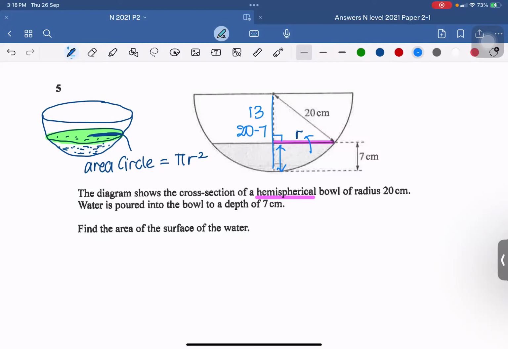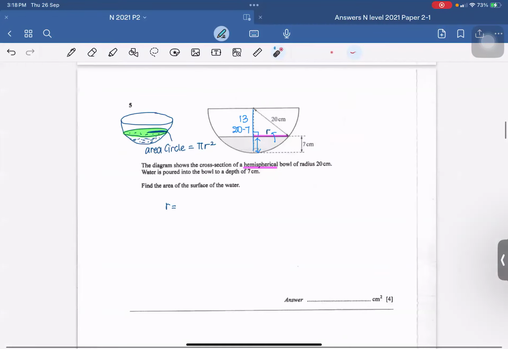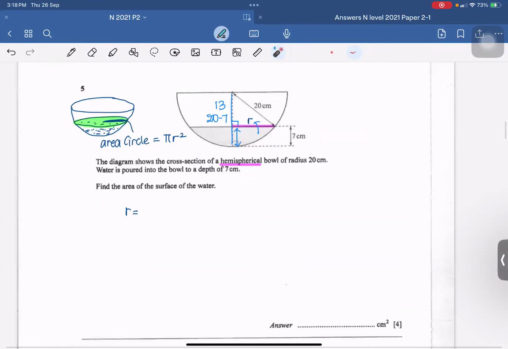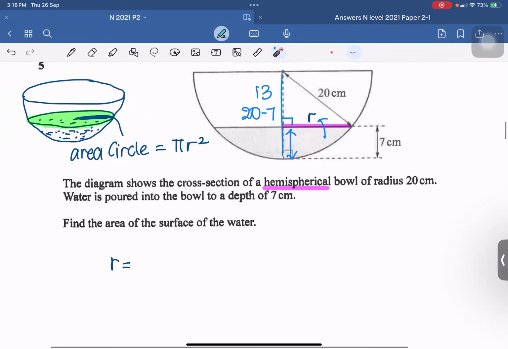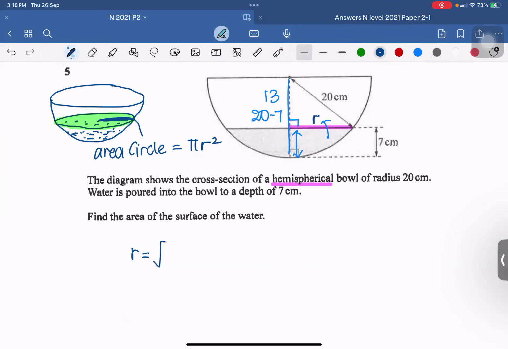This one is a right angle triangle, so I want to find, Pythagoras. Yes, Pythagoras. Is this the longer or shorter side? Shorter side, right? So what do we do? Minus. So in this case, hypotenuse 20 squared minus 13 squared.